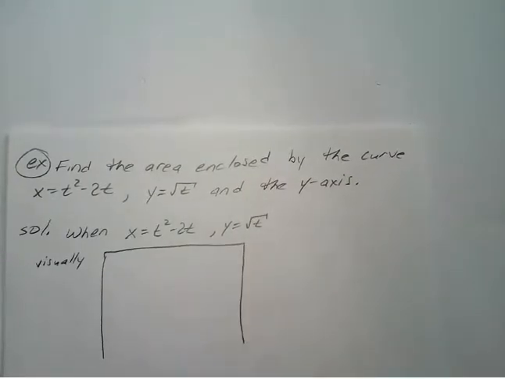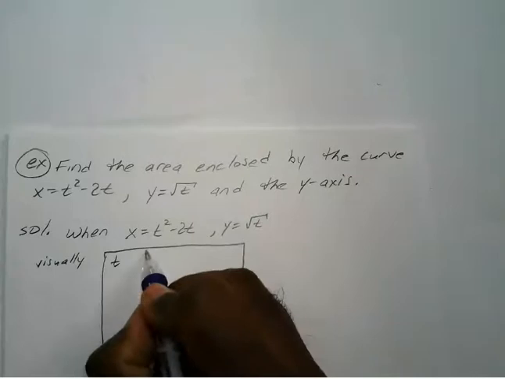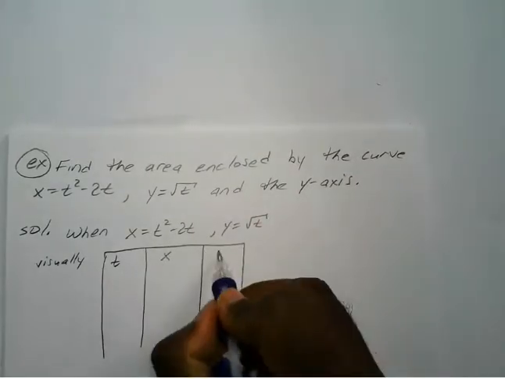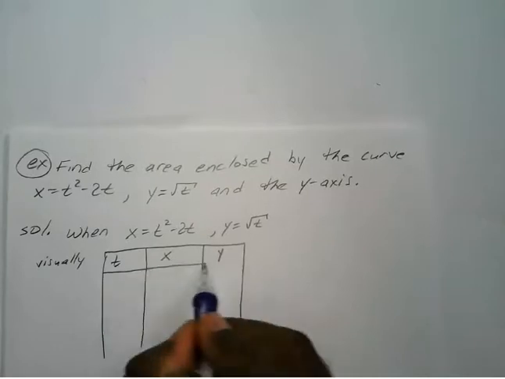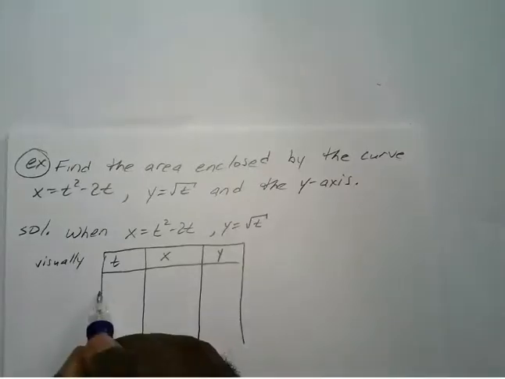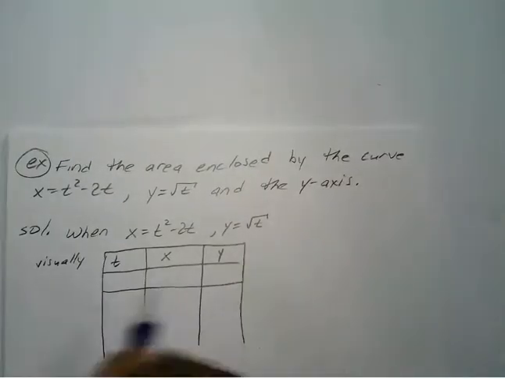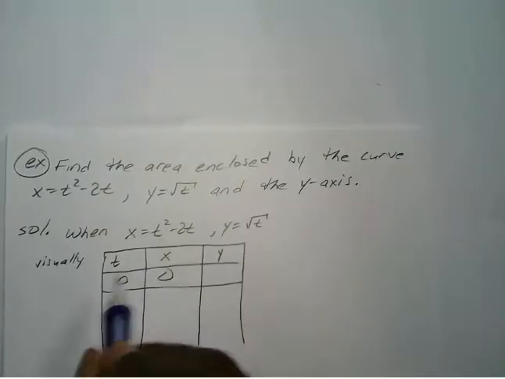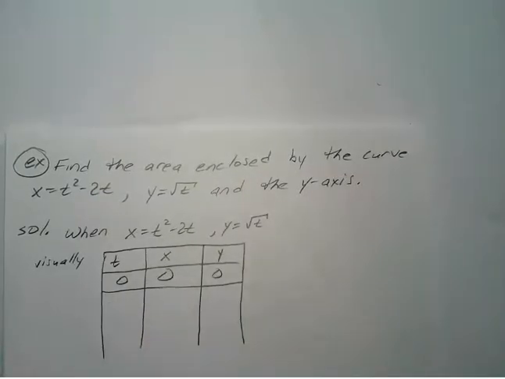Okay, we have our t, our x, and our y. For some of these, you will probably need a calculator. When t is equal to 0, you plug that into x, you get 0, and into y, you get 0.